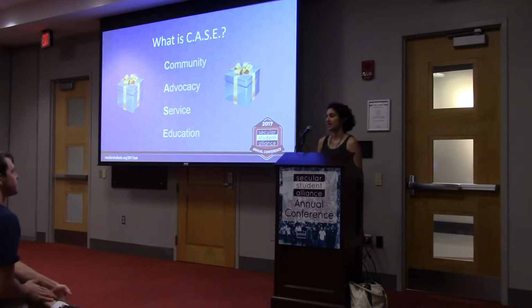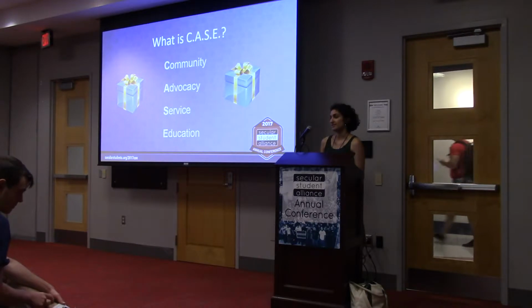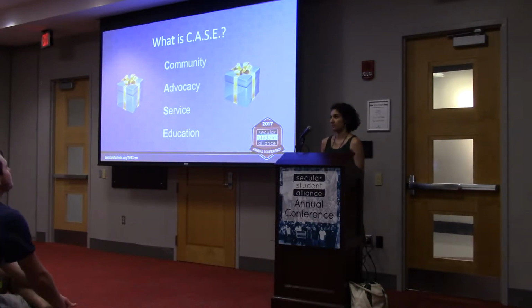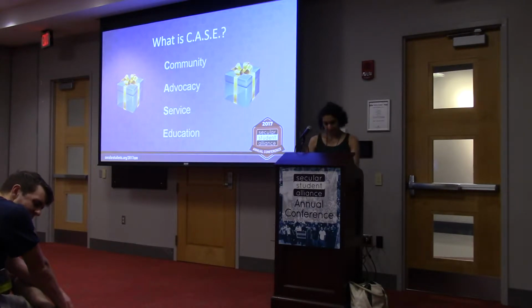So I think each component of C.A.S.E has taken on a new meaning, even a greater importance, just as SSA groups have taken on a greater importance now, like any communities, after the election. So each component of this relates to different work we can be doing to help address the issues and challenges that a lot of people are facing in the Trump era, so they say. Alrighty.